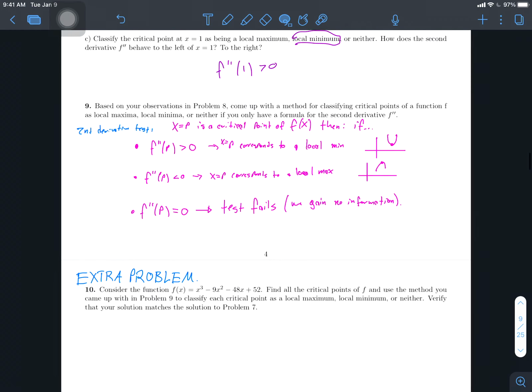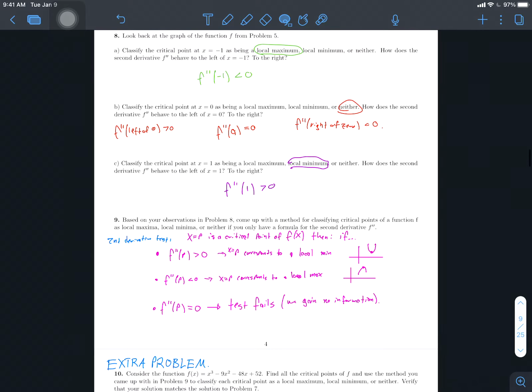Okay. Any questions about the second derivative test so far before we see an example? Yeah, Brendan. So if you find the second derivative of a function and you get a positive, I guess if you find that the answer is positive, then it does not necessarily mean it'll be positive.